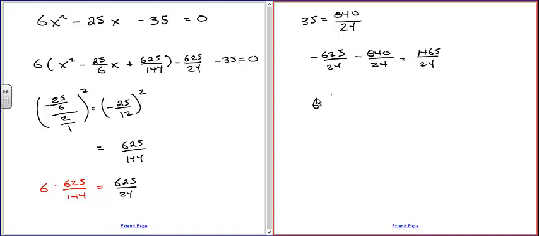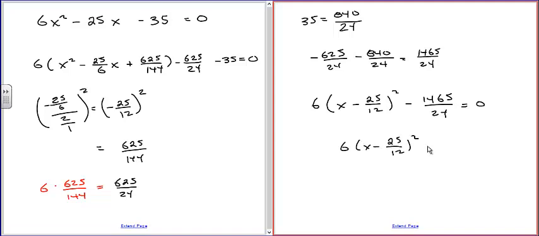So what we end up with is 6 times this completing the square, which becomes x minus 25 over 12 quantity squared minus 1465 over 24 equals 0. Or 6 times x minus 25 over 12 squared is equal to 1465 over 24.